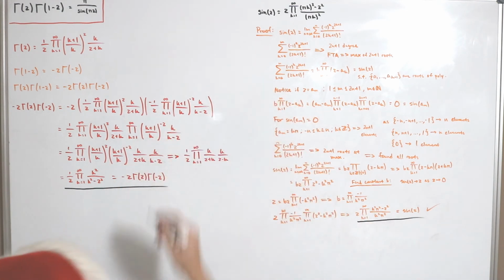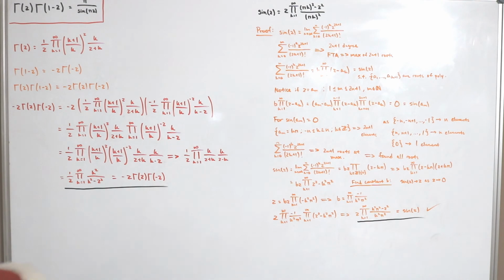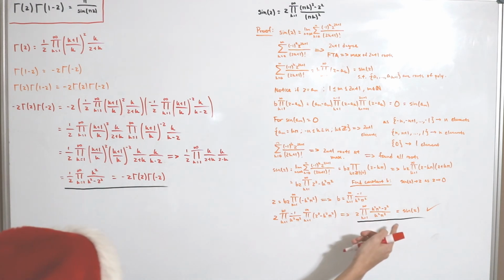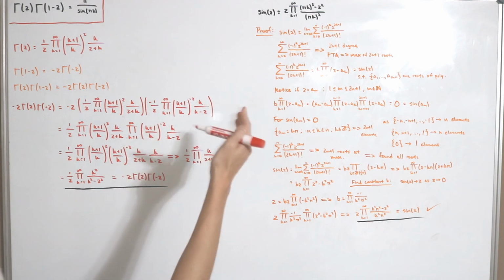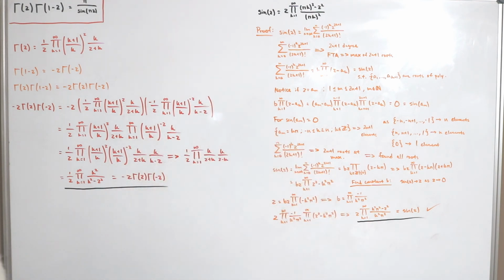We're going to use that to calculate the rest for the gamma. Now that we have this, let's write our sine of z in terms of the Euler definition of our product, and take its reciprocal on both sides.